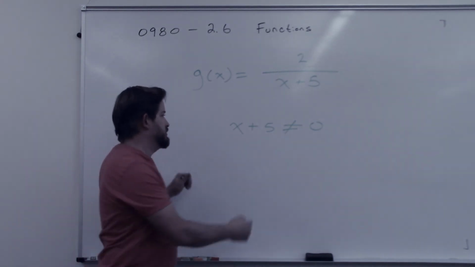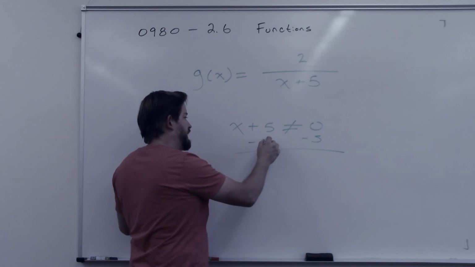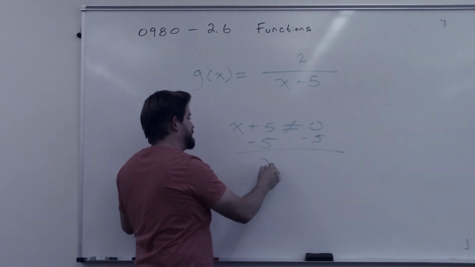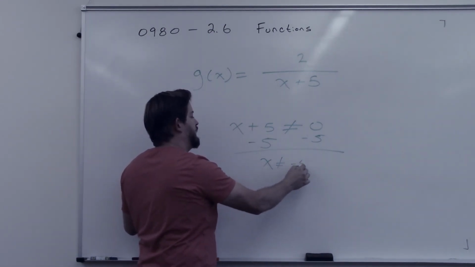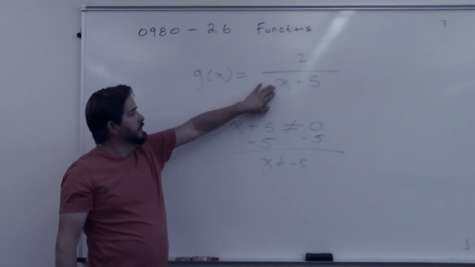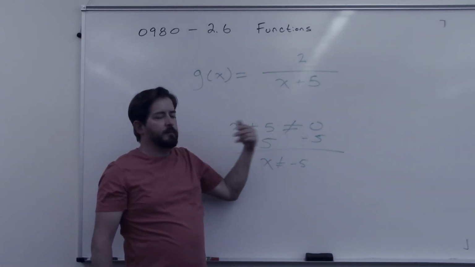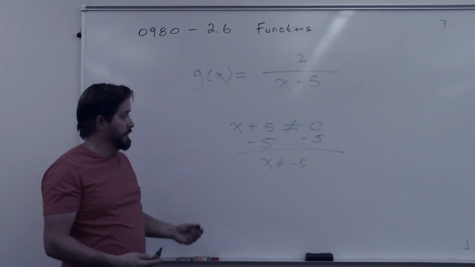And I can solve this just like an inequality that we've dealt with before. Minus 5 from both sides, right? And this gives me x cannot be negative 5, and I'm done. It can be anything but negative 5, which makes sense, because if x is negative 5, plus 5 is 0, I'm dividing by 0, and the world blows up, and I can't do it.